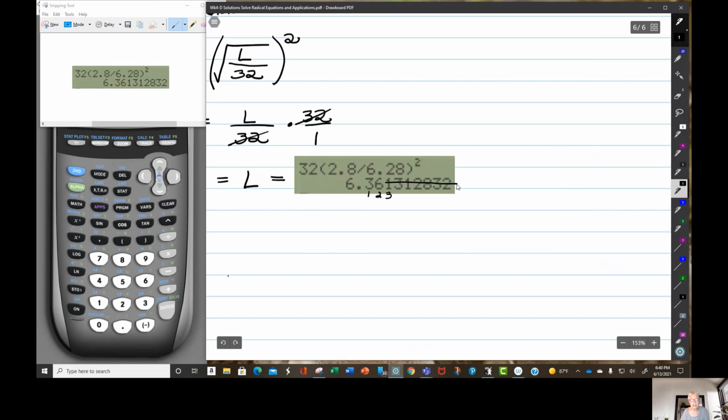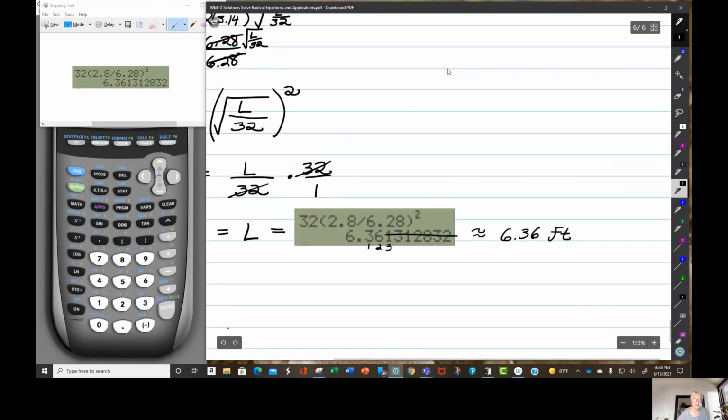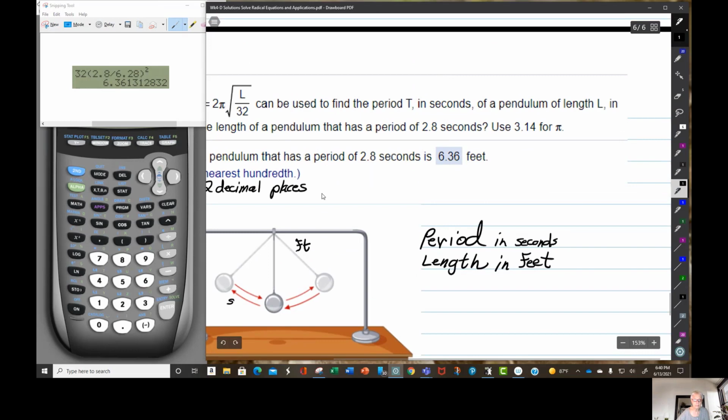So I just forget these guys and I go with about 6.36 feet. Because remember, we're finding the length of the pendulum. It's going to be about, or really close to, 6.36 feet. Yes, it is.